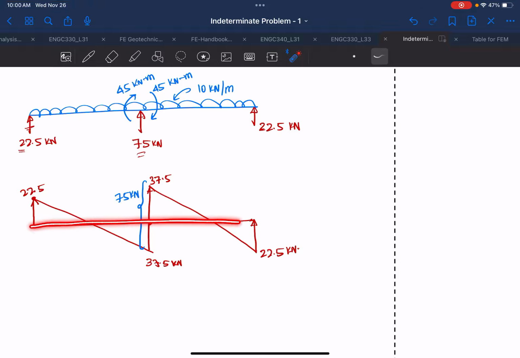So if your shear force diagram starts from the zero line and comes back to the zero line, that means it is correct. This is positive, this is negative, this is positive, this is negative.